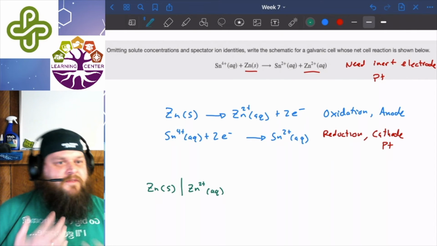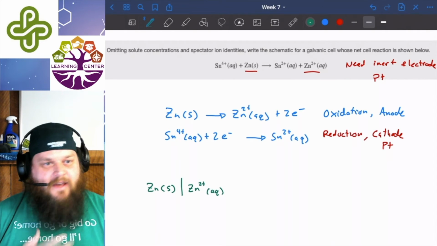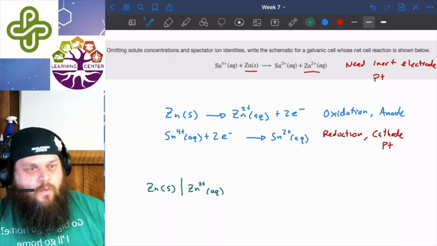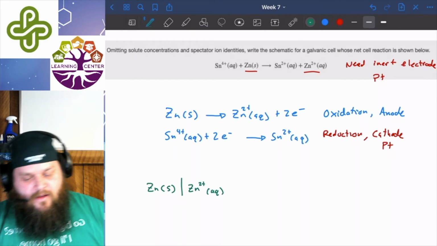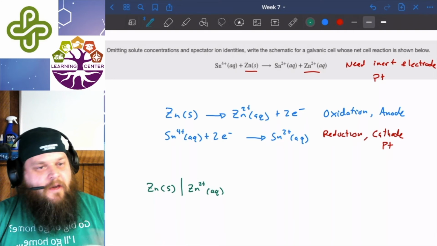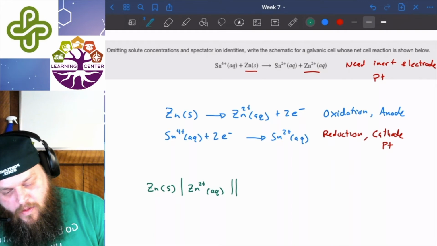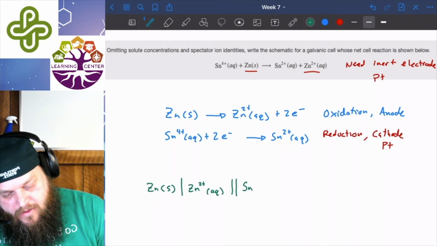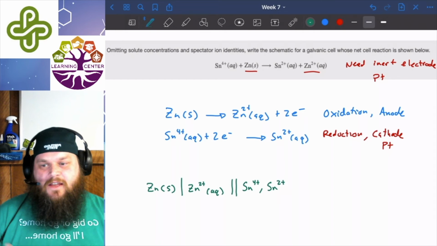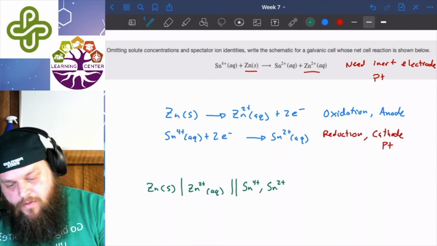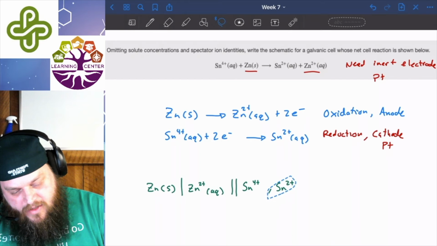And there's some salt bridge in between there. There has to be to counterbalance that, but it doesn't really matter what we use as long as it has the right proportions to counterbalance that 2+ charge. It's going to interface with the Sn4+, comma Sn2+. Here we have 2 different stages of that. Both of them are going to be aqueous, so I'm going to squeeze in an aqueous.